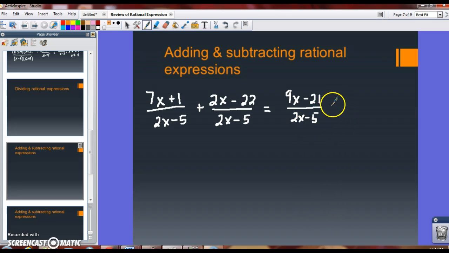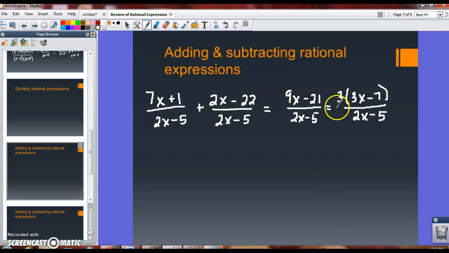Now, from here, you want to make sure that your final answer is in simplest terms, which in this case it already is. However, recognize that you can take a GCF out of the numerator. And if you take out a 3, then you end up with 3x minus 7 over 2x minus 5. And I always encourage people to go ahead and do that because that's still technically correct.